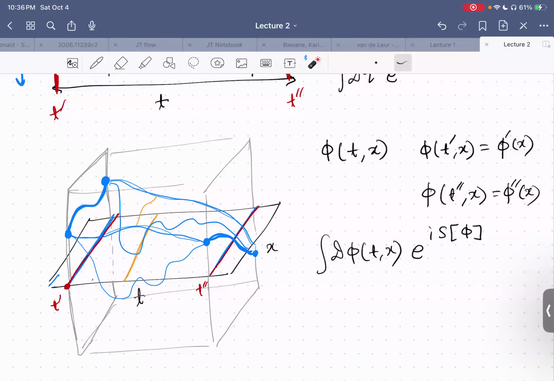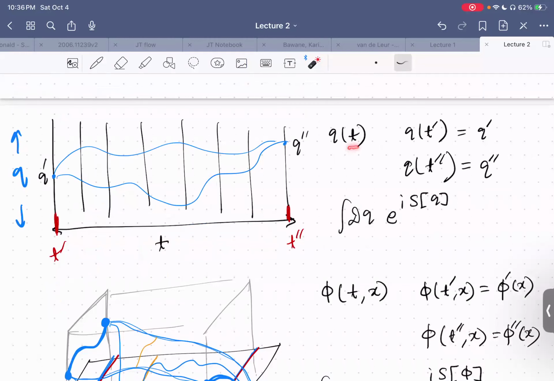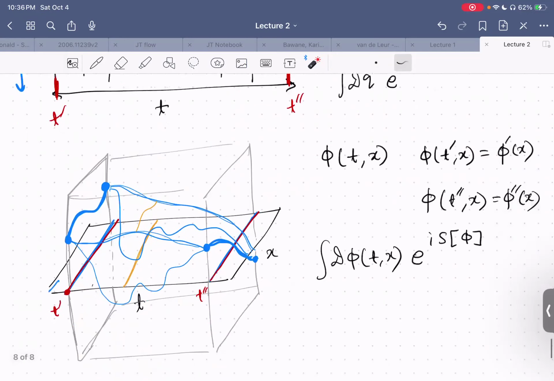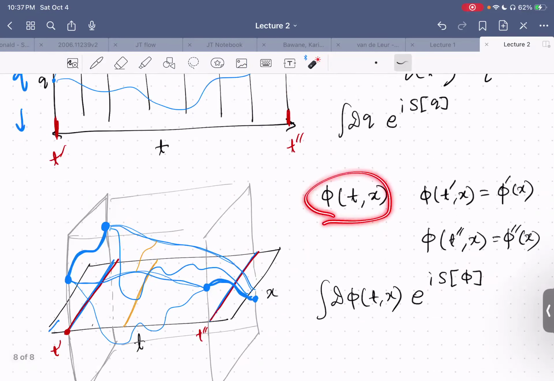The thing that we now have depends on two variables. So usually it would be called a field. I mean, this is also a field, but it's just a field of time. Usually this is referred to as the position of a particle, but in this case, people would say that this is a field. But again, these are just language. It doesn't really matter. The whole point is that there is a function of x that evolves with respect to time.